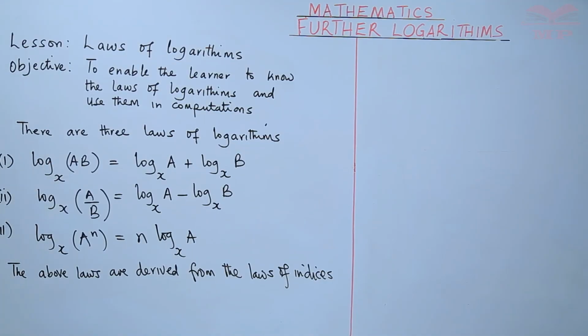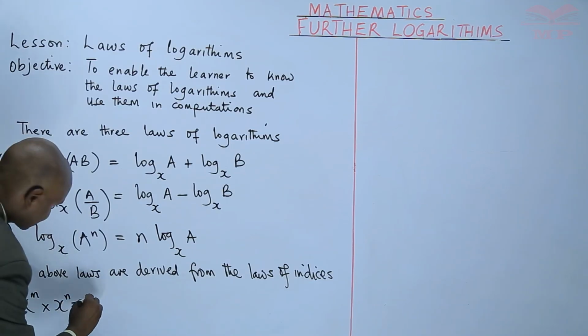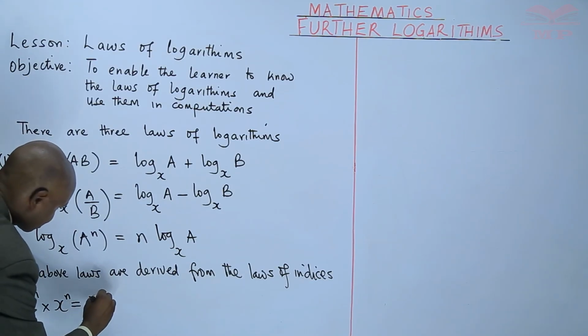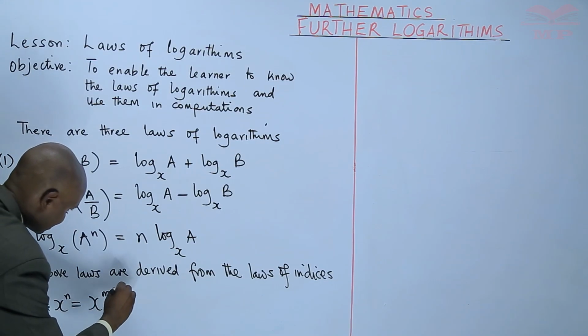Relating to the first one, we have x raised to m times x raised to n is equal to x raised to power m plus n.